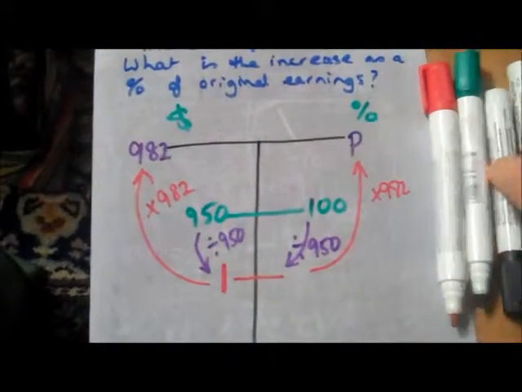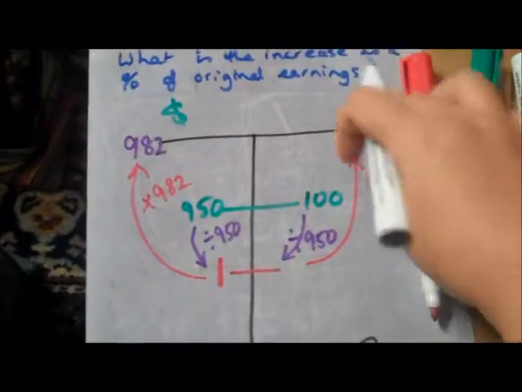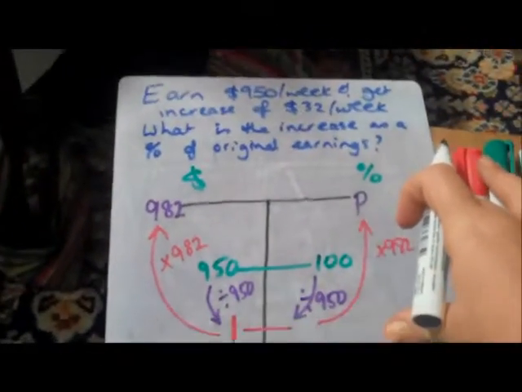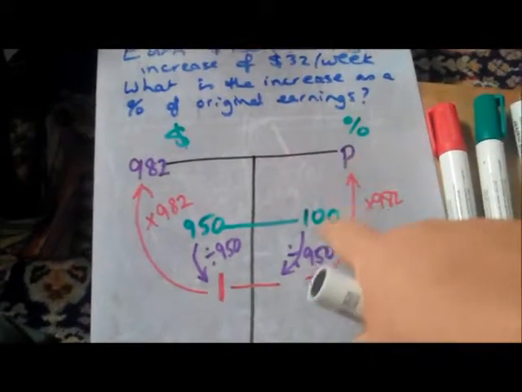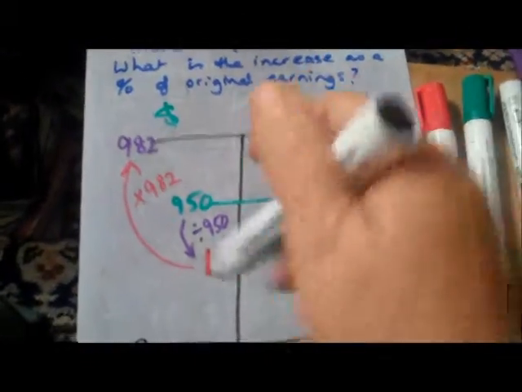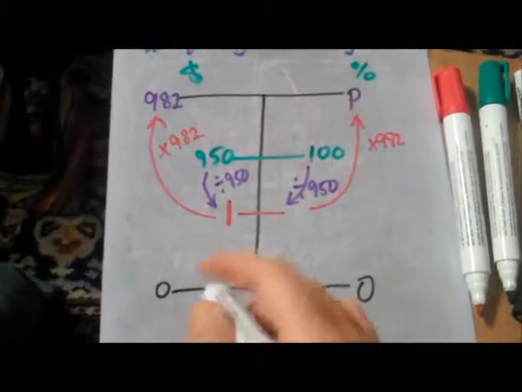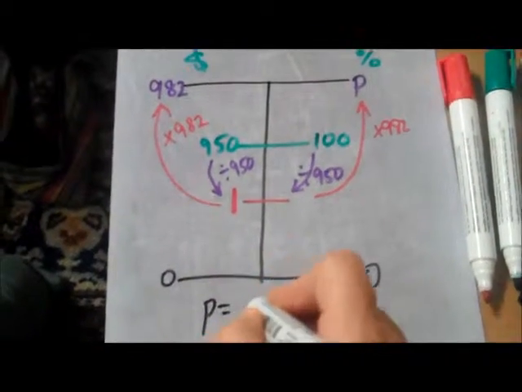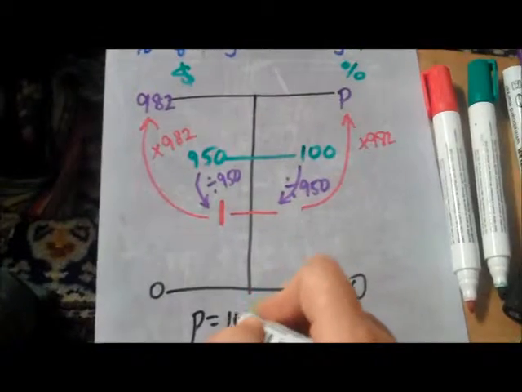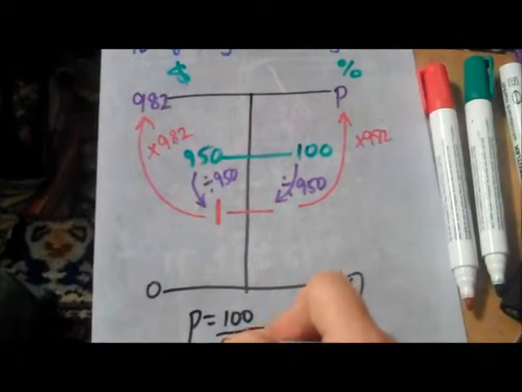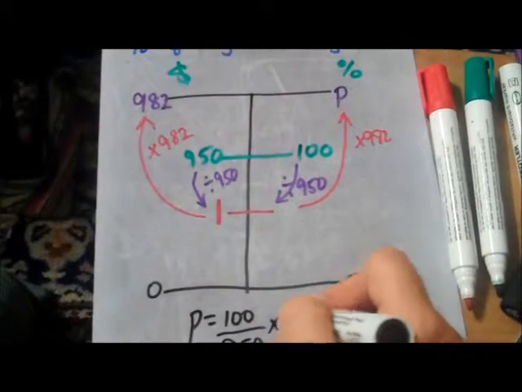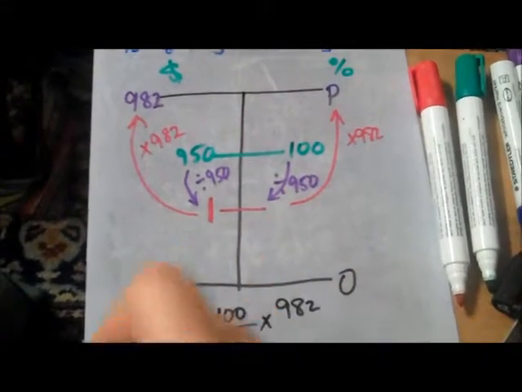Let's have a look what we get. So let's have a think. Where I've got to end up here, so let's follow it back. Where did I start? I started at the 100. So my answer, P, is 100. That's where I started. What did I do to it? Divide by 950 and multiply by 982.